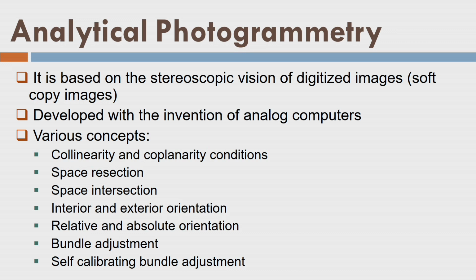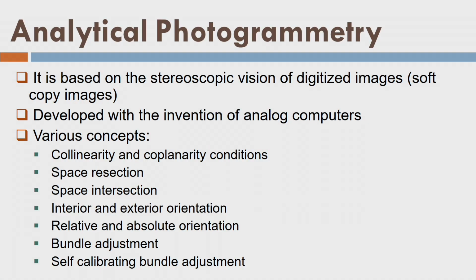Okay, the third phase was analytical photogrammetry. It was based on the stereoscopic vision of digitized images, which means whatever images or photographs we used to create using negatives, that means we used to create positives, what we call photographs, using the negative films.